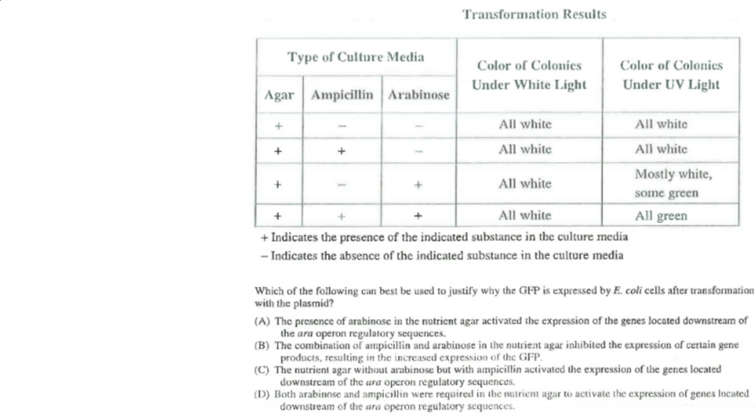Everything that we read comes down to the presence of arabinose in the agar activated the expression of genes located downstream of the operon regulatory sequences. So the sugar triggered the making of the new genetically engineered GFP that got put into the plasmid. And that's that.